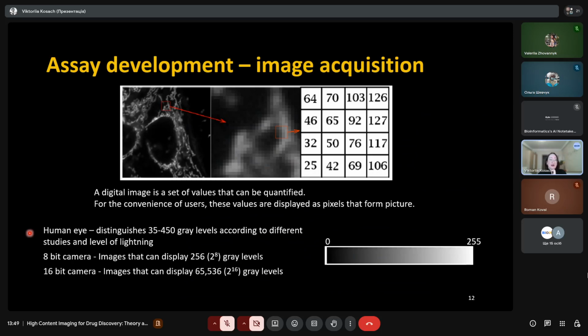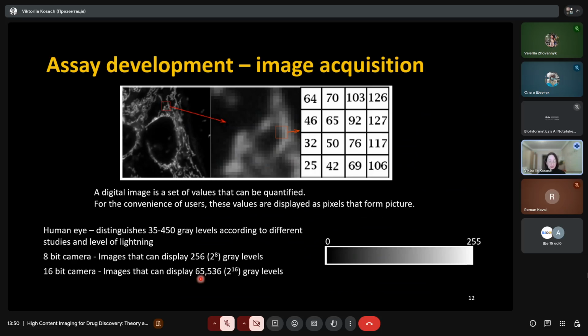And you should know the so-called dynamic range of your microscope. For example, with the human eye dynamic range, we can distinguish around 500 gray levels only. The old camera could distinguish only 256 different gray values, but automated microscopes usually have a 16-bit or higher camera, so they can display and detect more than 60,000 gray values.